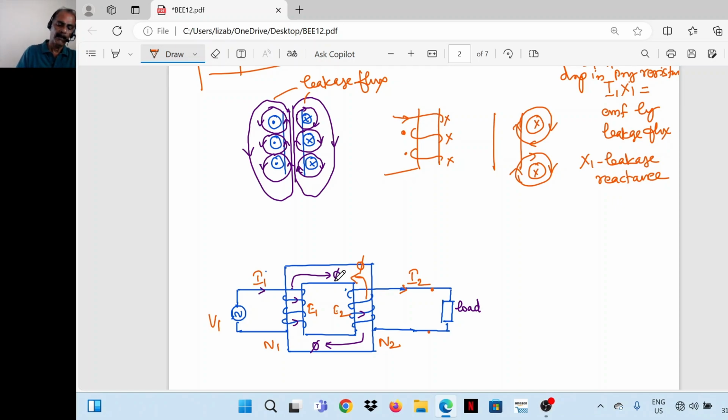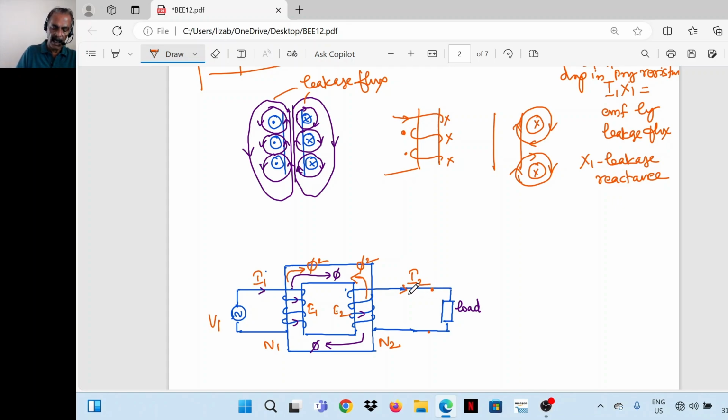So the secondary current will produce a flux which is opposing the main flux. Now, the primary will draw a proportional current and set up an equal and opposite flux. This I will take as phi 2. The primary also will set up an equal and opposite amount of flux phi 2, so that this cancels out. That means through the core, the net flux at any point of time is equal to phi.